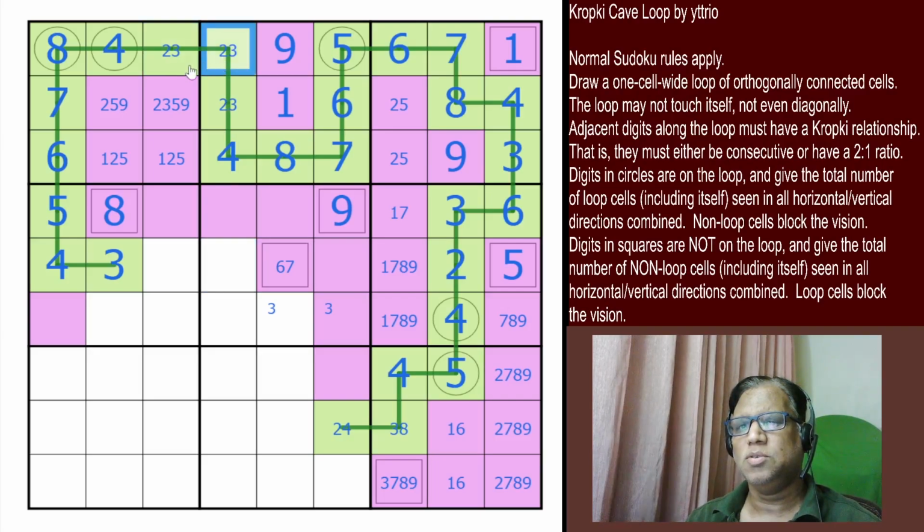That's 3, that's 2, that's 2, that's 3. These two are same numbers, which could be 3, or which could be 2 and 5.